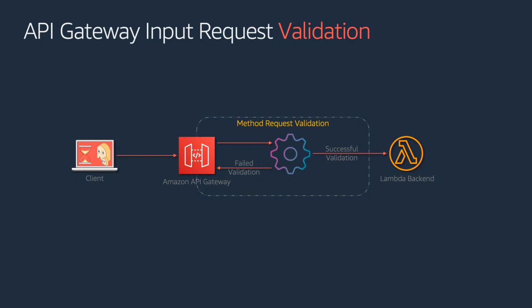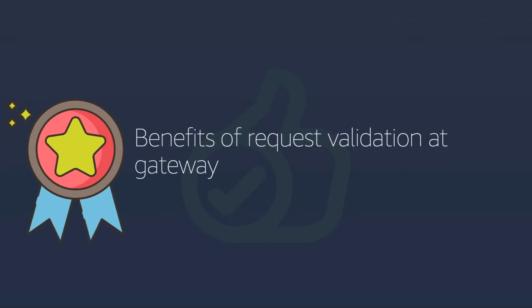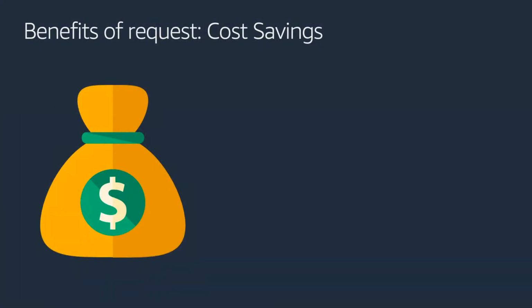And before going ahead and doing the demo itself, I informed you that there are some benefits in doing this. Of course, you need to do it at every stage, like in the browser as well as in the backend. But there are benefits of doing it in API Gateway also. When we are talking about request validation at the API Gateway, one main benefit is cost optimization or cost savings.